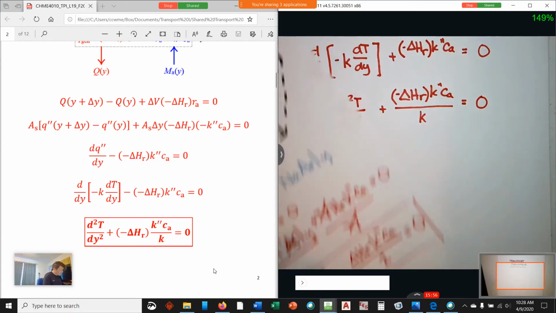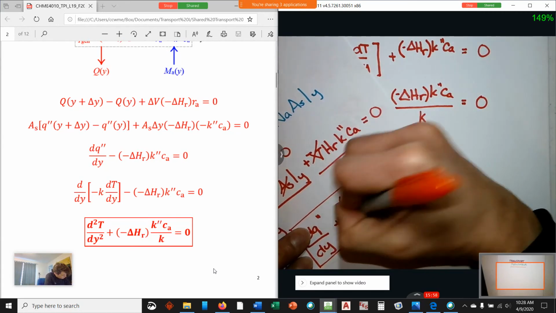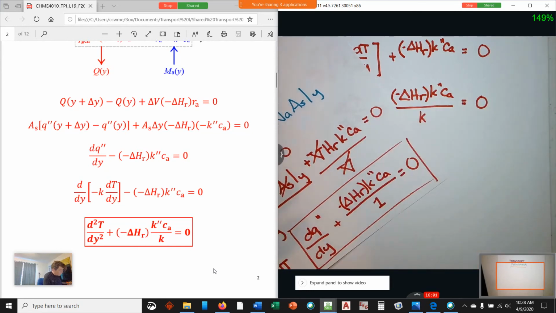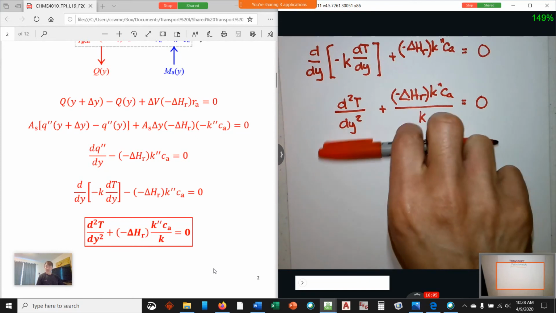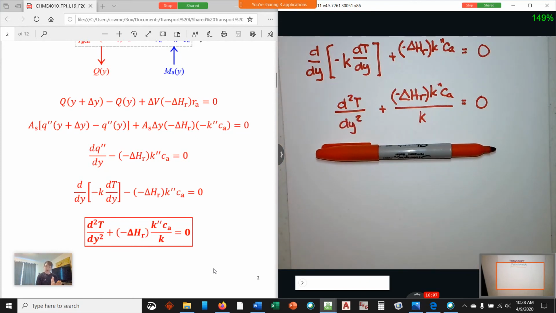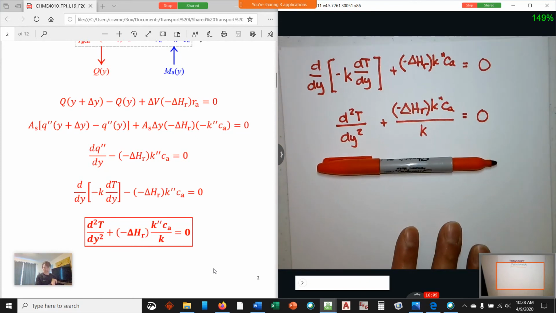All right. So any questions on how we got here? Pretty straightforward. We're now including a generation term instead of just balancing in and out. We're pretty happy with this. We're going to non-dimensionalize this equation, but at this point, we have the second order differential governing the temperature profile, and we need to solve this.